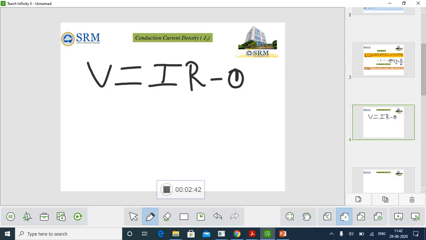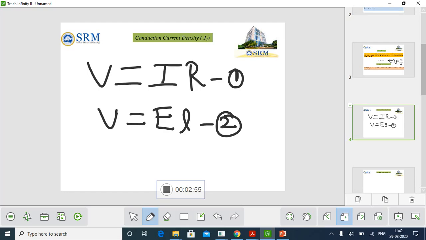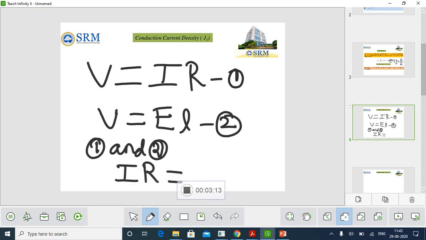For a length L and the potential difference V, we can write V equal to E into L, equation number 2, where E is electric field intensity. Now from equations 1 and 2, we can write I R equal to E into L. Equation number 3.